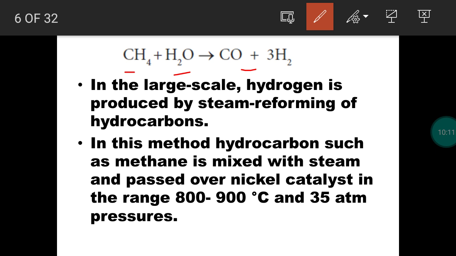So steam is passed with methane gas over a nickel catalyst at a higher temperature, around 800 to 900 degrees Celsius at a pressure of 35 atmospheres. We get a mixture of carbon monoxide and hydrogen. It is called water gas, syngas, or synthetic gas.